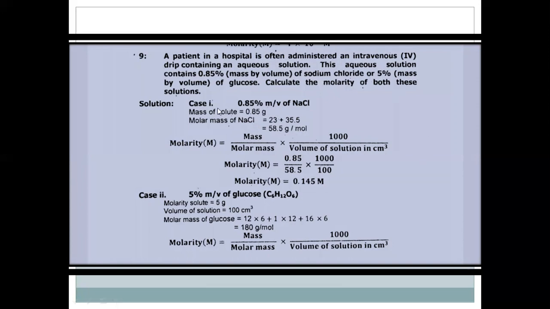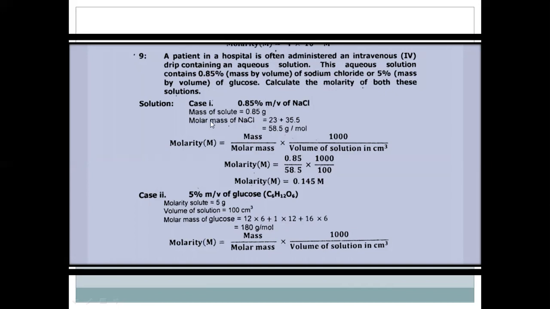So 0.85% means 0.85 grams in 100 ml of solution and 5% means 5 grams in 100 ml of solution. For both these solutions, we have to find the molarity separately.